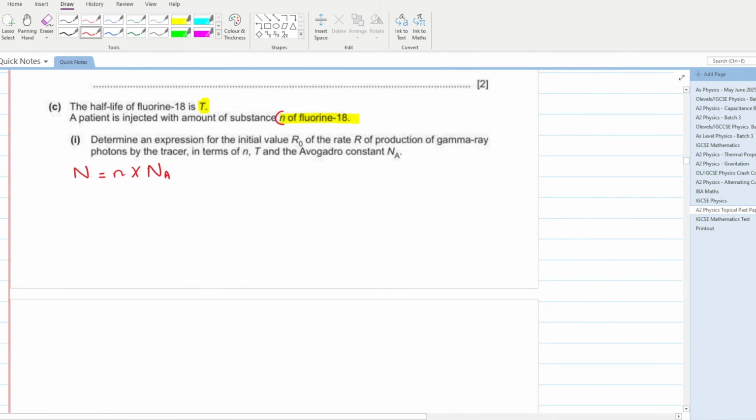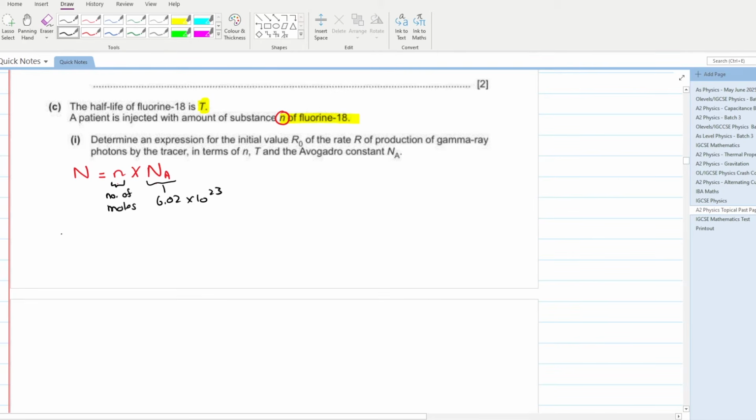If your number of moles is n, how will you calculate the number of molecules? Capital N: number of moles multiplied by the Avogadro's number. Let me also write it here. This is number of moles, and this is your Avogadro's number, that is equal to 6.02 times 10 to the power of 23.